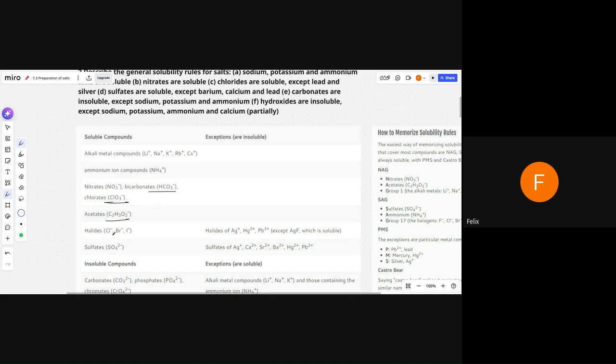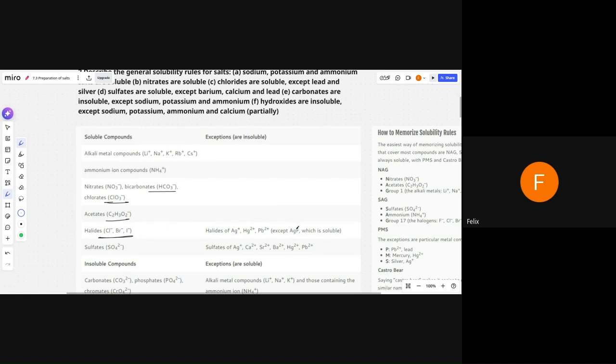So halides are generally soluble, but if they are connected with silver, for example silver chloride, silver bromide, or silver iodide, then they will be insoluble. Apart from silver, if they are connected with mercury or lead, they will be insoluble.